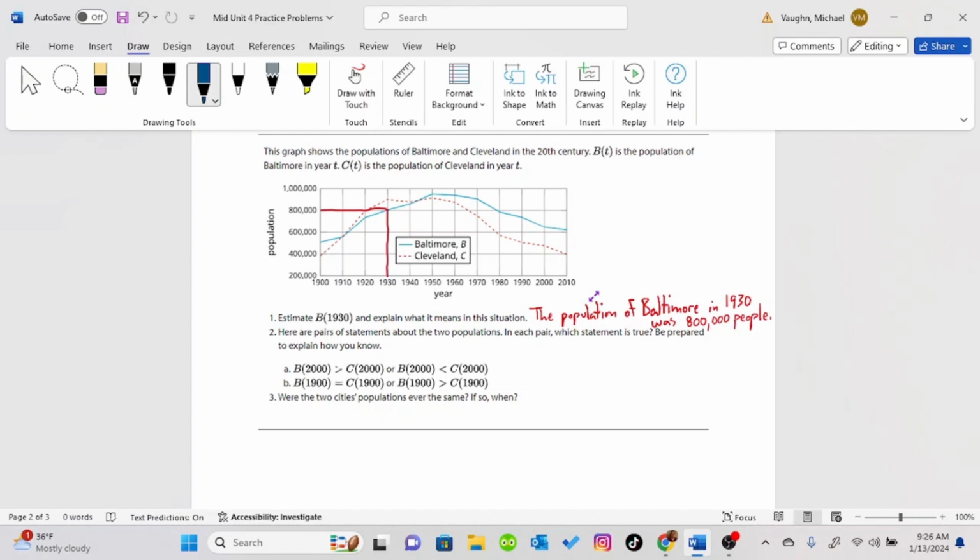So we go over until x equals 2000, and we go up. And we see that the solid line is greater, which is B, Baltimore. So that statement is true because in the year 2000, Baltimore had a higher population because they had a higher y value.